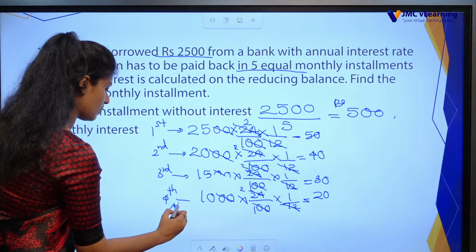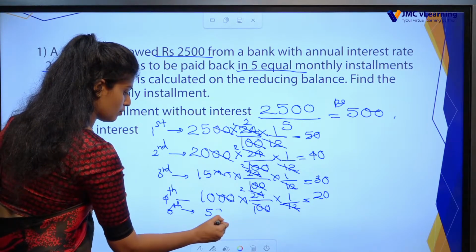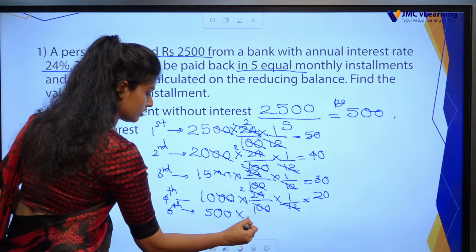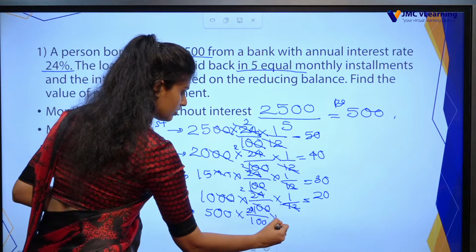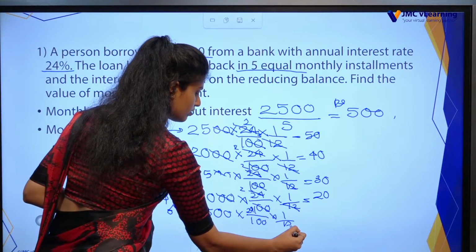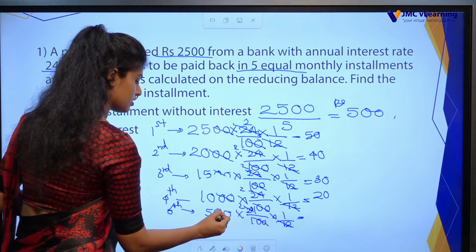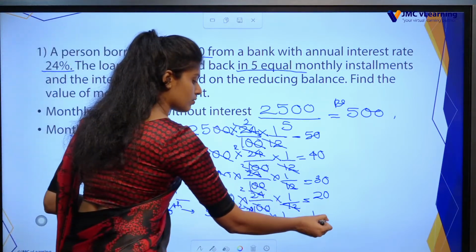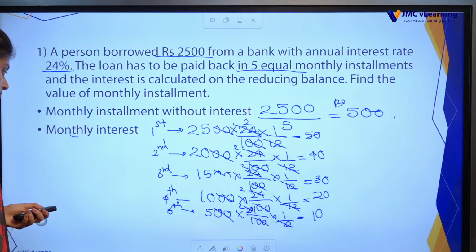Then take 5th month, it is 500 into 24% into 1/12. This is 2, cut zeros, 5 into 2 is equal to 10. These are the monthly interest.